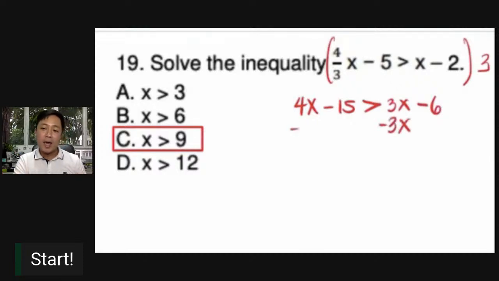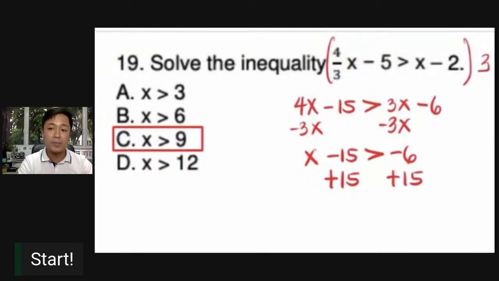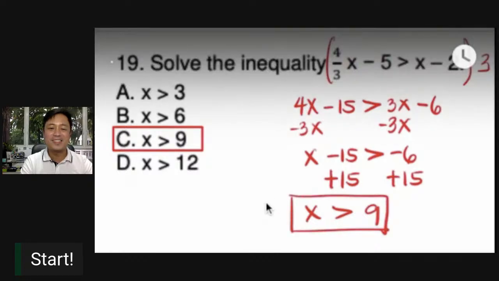So now we need to isolate the x on one side, so we subtract 3x. Now we have x minus 15 is more than -6. You need to do the inverse operation. So the inverse of minus 15 is adding 15 to both sides. We now have -6 plus 15, which is 9. So x is greater than 9. Okay, that's correct, John.